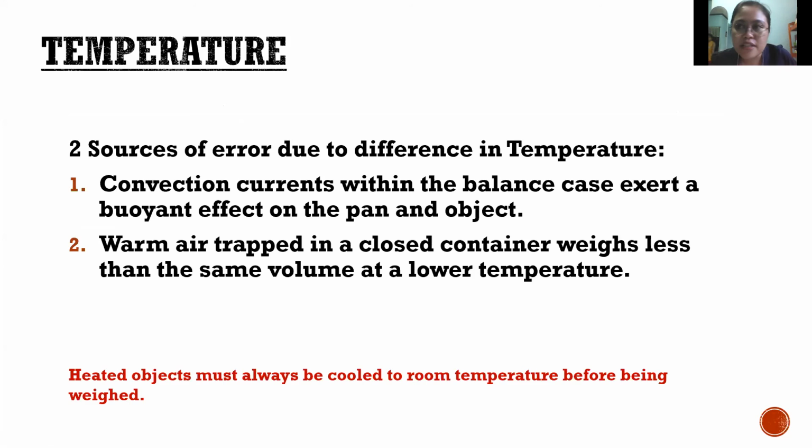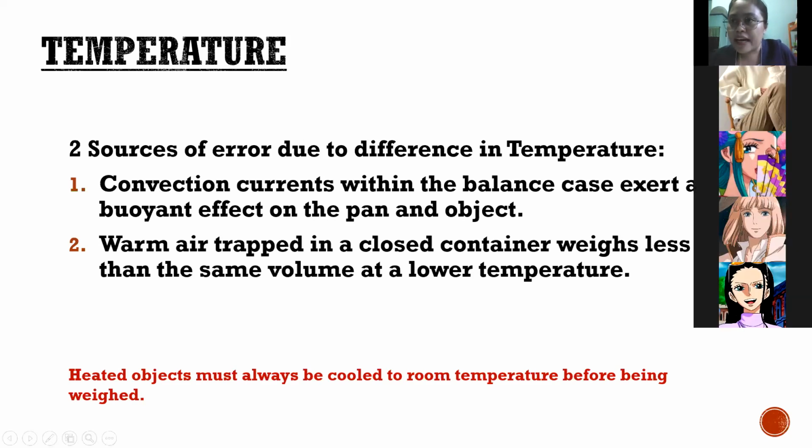So, what are the sources of error due to difference in temperature? The first one is convection currents within the balance case that will exert a buoyant effect on the pan and on the object. Convection current refers to the transfer of energy.